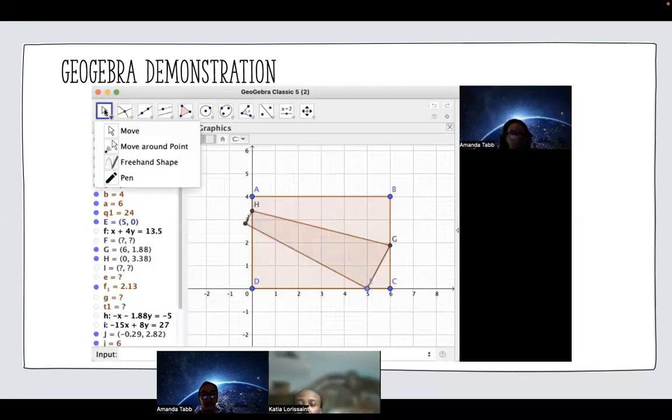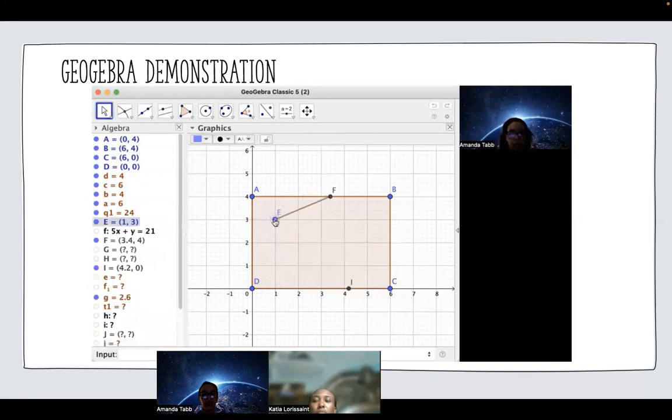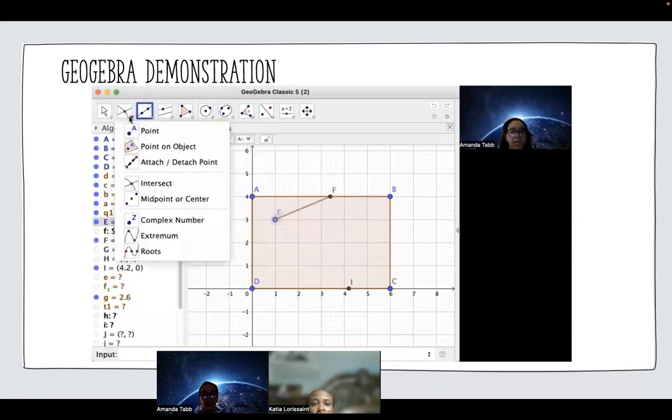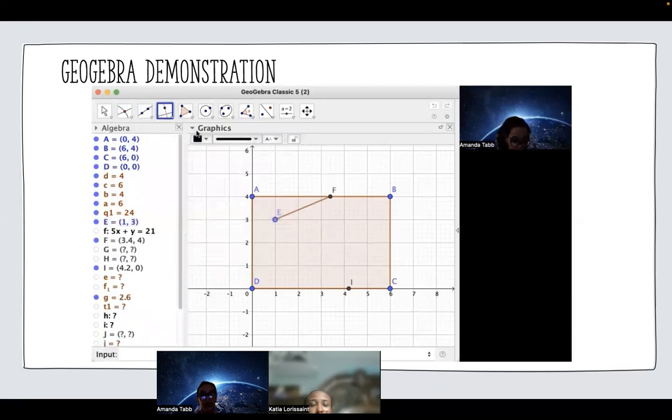So now we're going to drag the point E to 1, 3. And we're going to do the same method. So we're going to construct a perpendicular line to EF passing through E. So perpendicular to E, perfect.